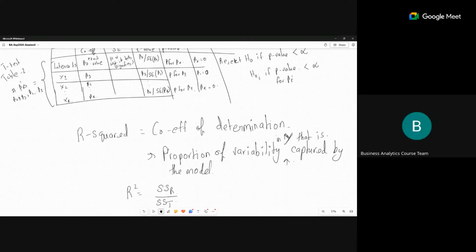So SSR by SST is your R squared, which is SST minus SSE by SST, which is 1 minus SSE by SST. All of these are formulas for the same thing: the coefficient of determination. Of the total variability available, how much portion is captured by the model? Higher R squared, better the model, right? Yes, no?